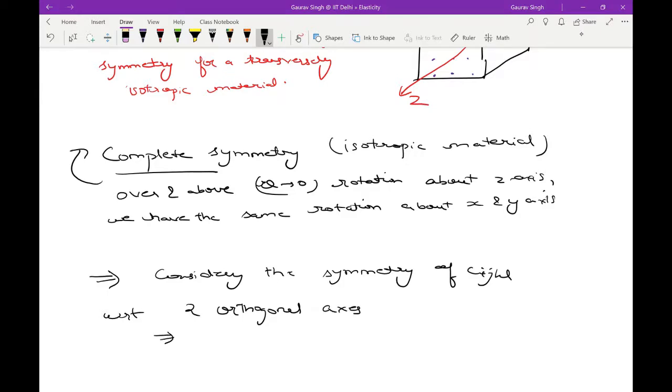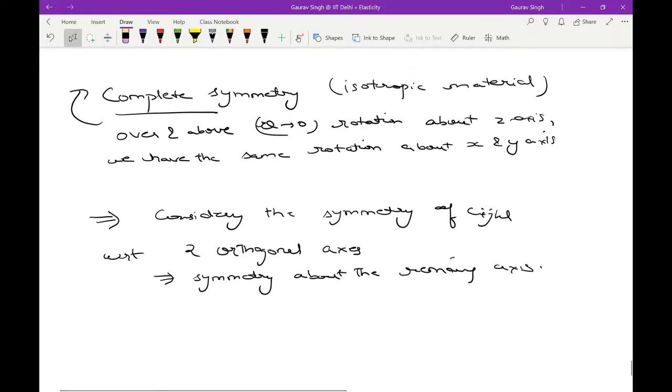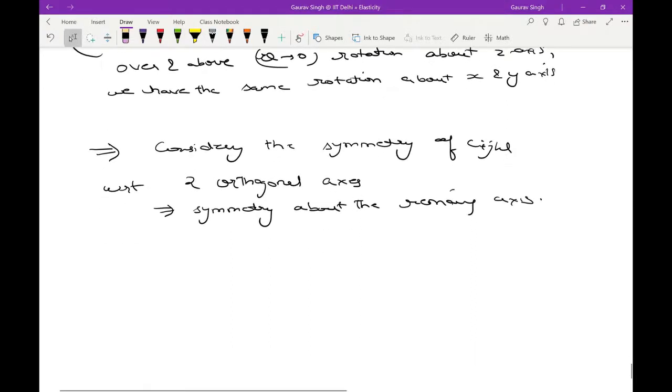This implies symmetry about the remaining axis. So you have to now proceed over and above that one, and the method would remain exactly the same.